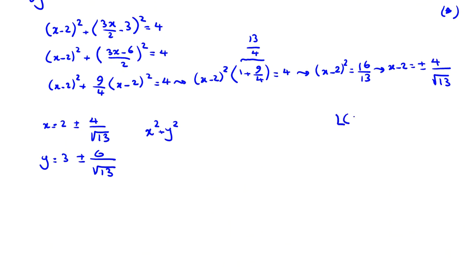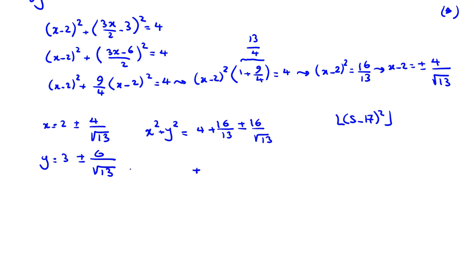Okay, if I want to find (s minus 17) squared, at first I should calculate these. The first one, x squared, will be 4 plus 16 over 13 plus or minus 2 times 2 times 4 over root 13, which is 16 over root 13.